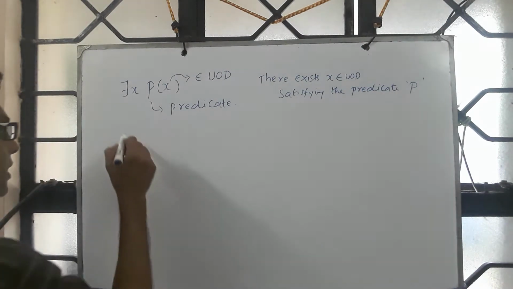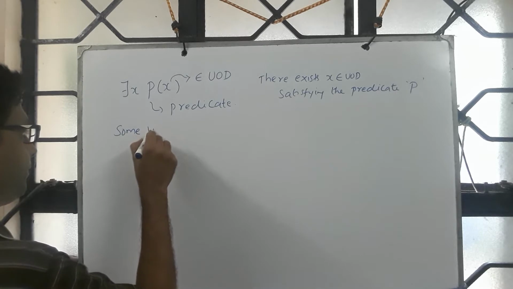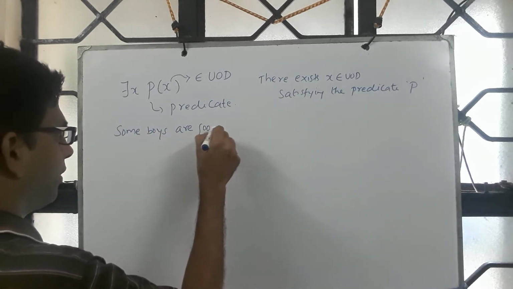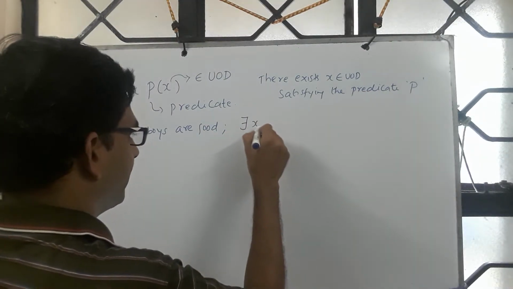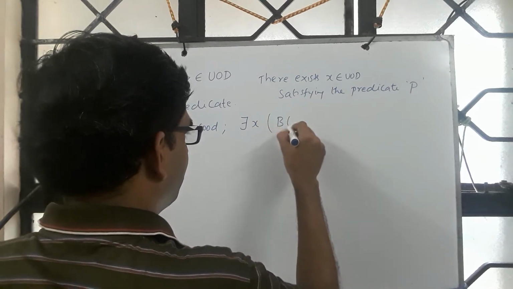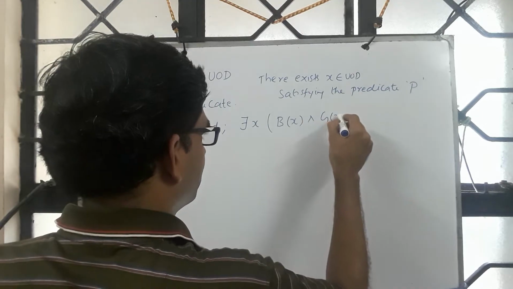So we saw that some boys are good. We said this can be written as there exists x, and from the set of students, first we say x is a boy, and then we say x is good.